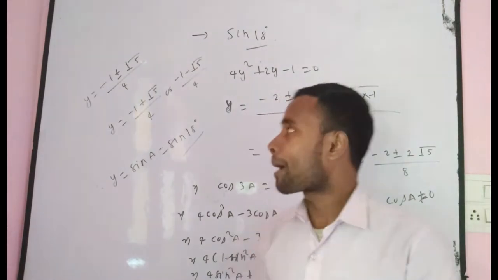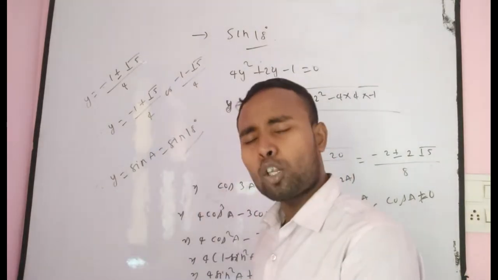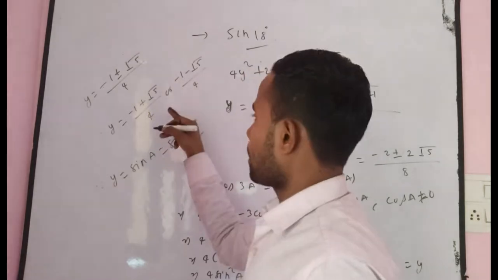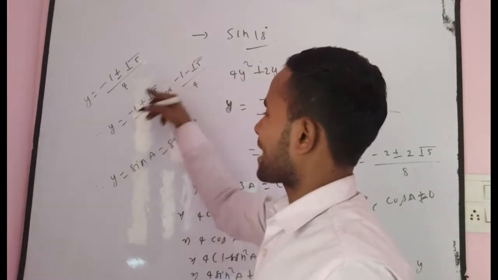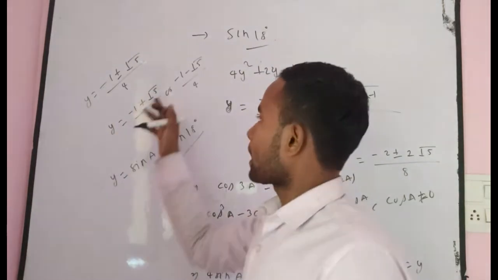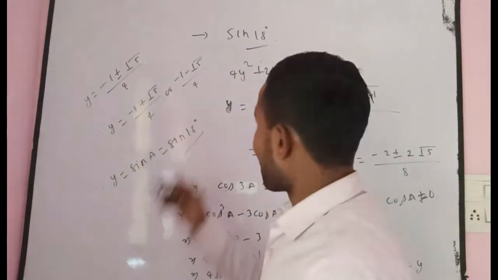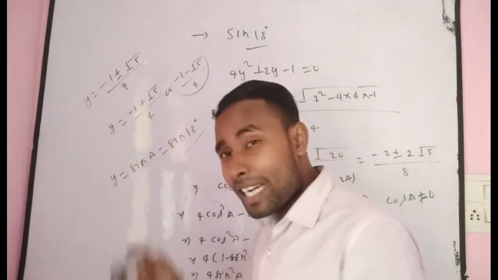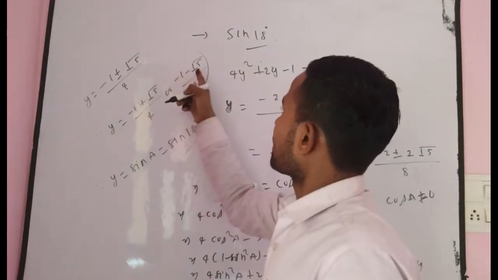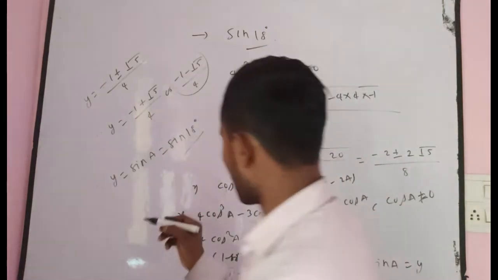If sin 18 degrees is positive, then you have to choose the correct answer. If you try to find the approximate value, this expression becomes positive because root 5 is more than 2, and if you subtract 1, it becomes positive. But the other expression becomes negative because in the numerator both terms are negative.